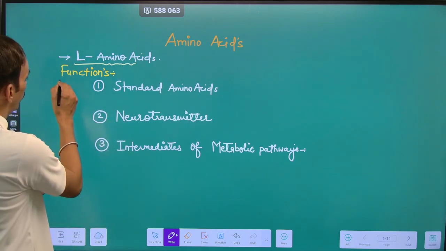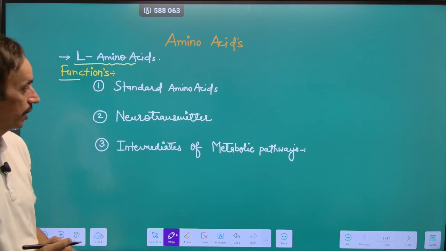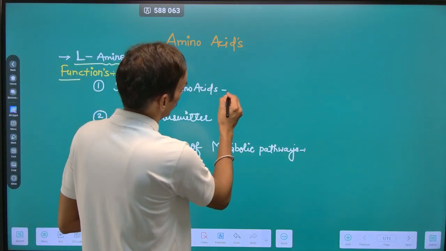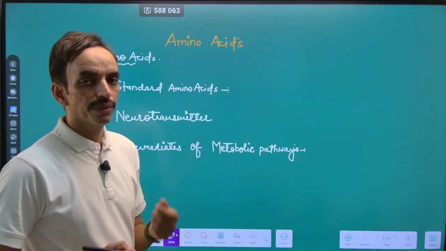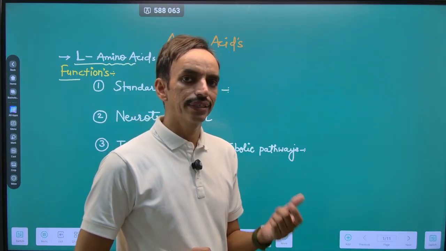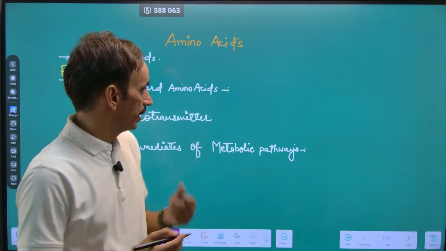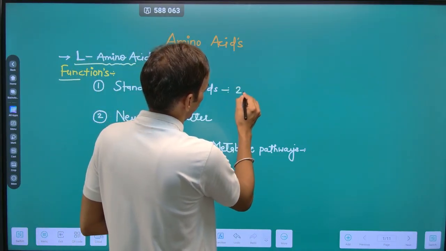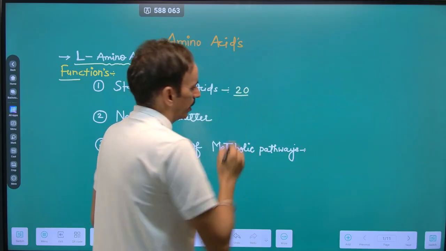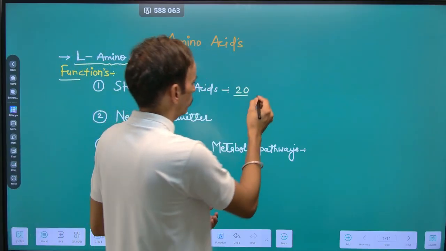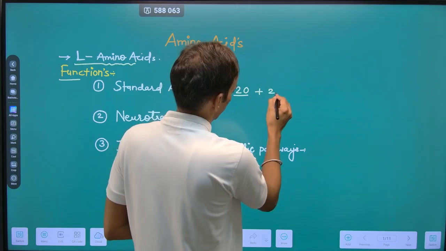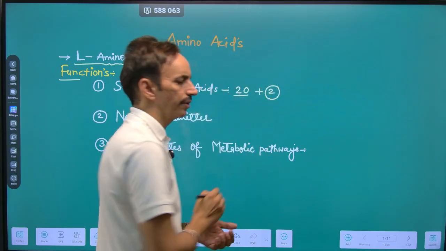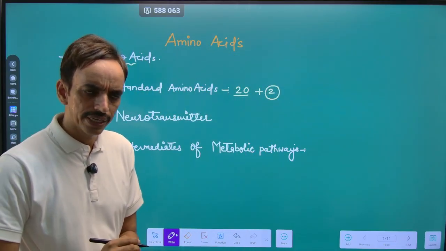Other functions of amino acids include, number one, standard amino acids. Amino acids which are added during the process of translation are called standard amino acids. There are 20 standard amino acids. Recently, two new amino acids have been discovered which are added during translation.